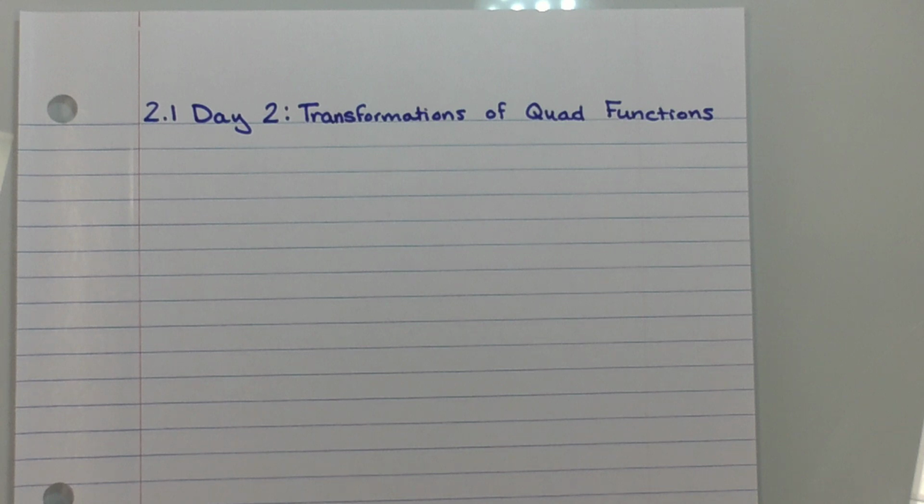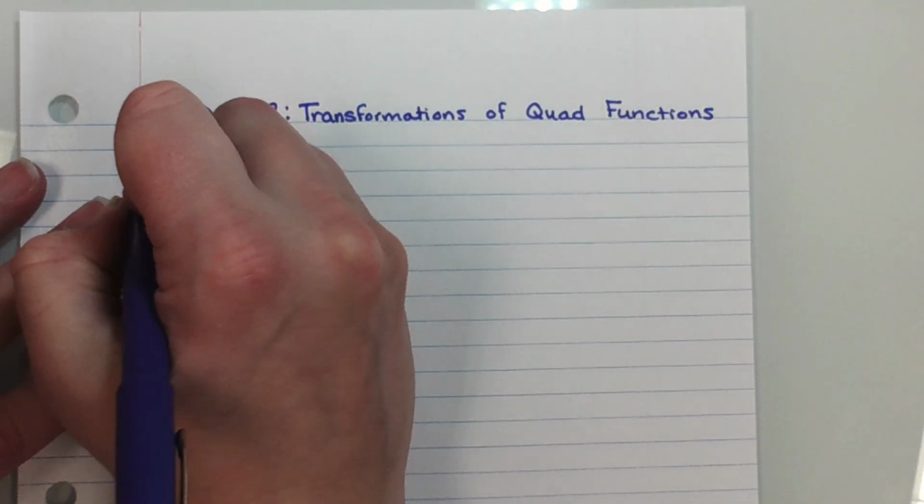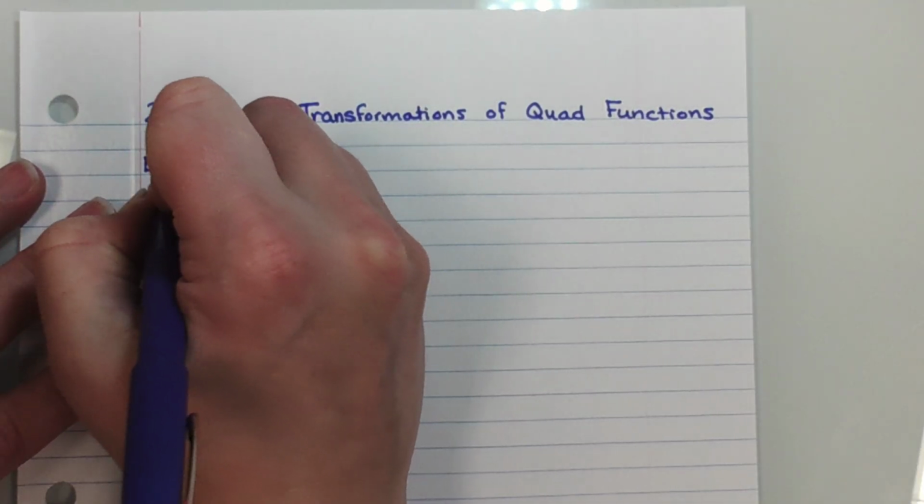Today, I'm giving you an equation and I'm telling you what's going to happen to it, and I'm asking you to change the equation. Again, we did this back in chapter 1. We're just focusing more in on the quadratics.